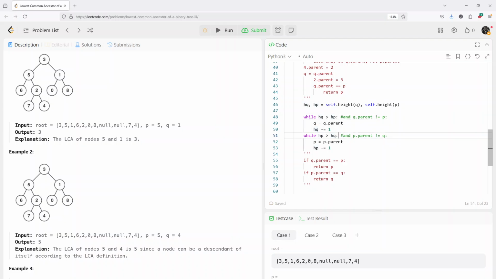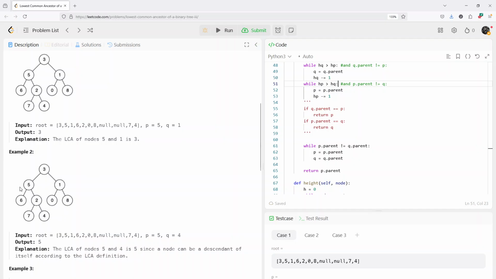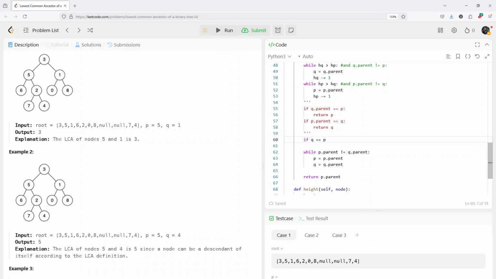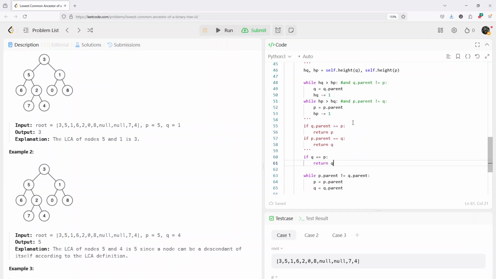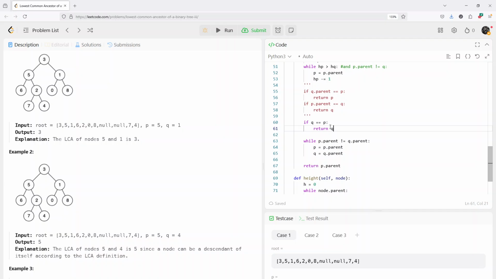So now they're the same height. So now they're both at 5. So I guess what we can have here then is if Q equals P, return Q. And then otherwise, they're at the same height, but they're not equal to each other. They just increment their parents.